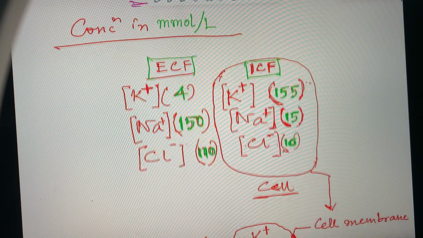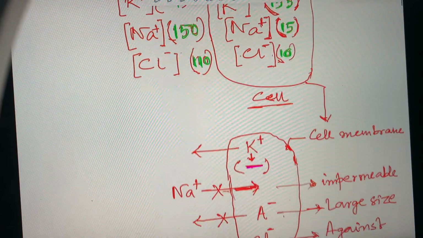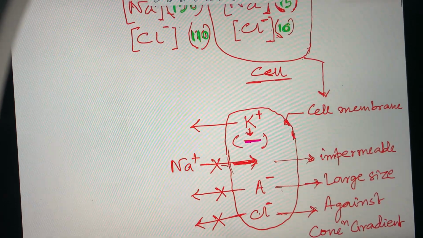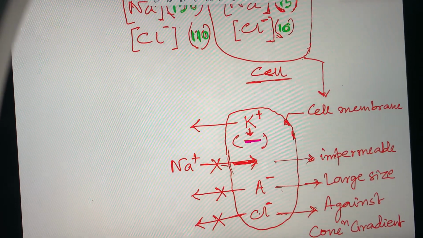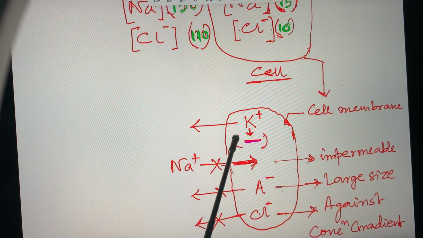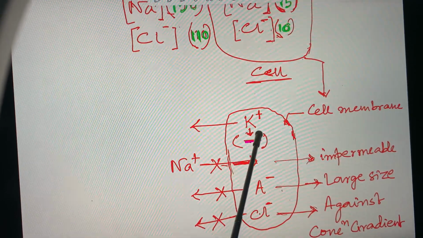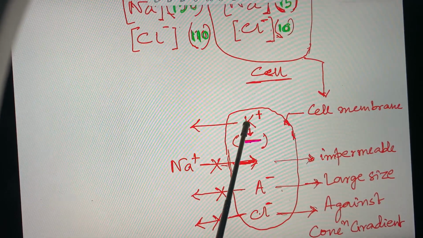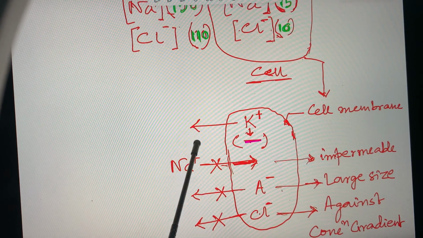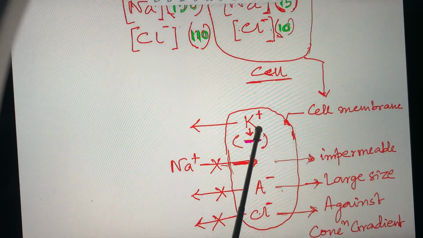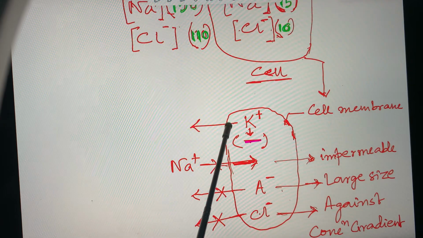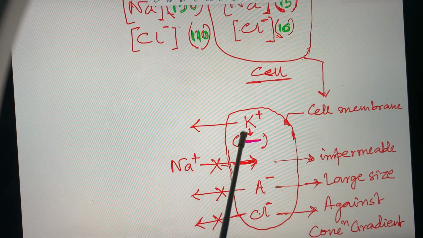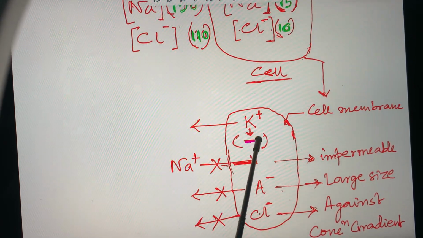Now, what happens normally? We can see that because the potassium concentration is very high inside the cell, it will tend to go out of the cell, and as it is a cation, with the exit of potassium, the inside of the cell becomes electrically negative.